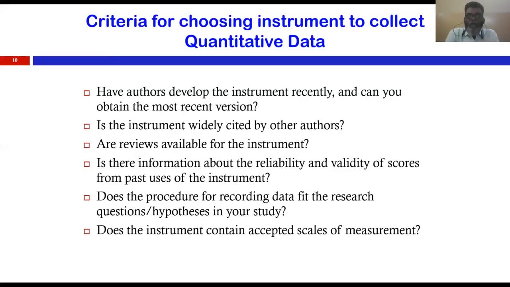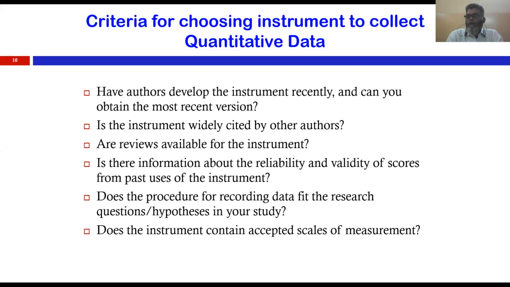So let us continue. Criteria for choosing an instrument to collect quantitative data. How did the authors develop the instrument recently, and can you obtain the most recent version? Is the instrument widely cited by other authors? Are reviews available for the instrument? Is there information about the reliability and validity of scores from past uses of the instrument?